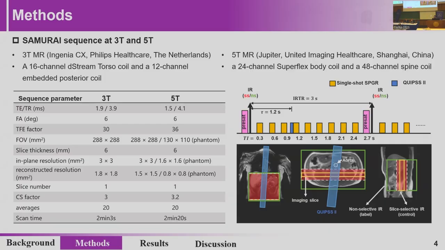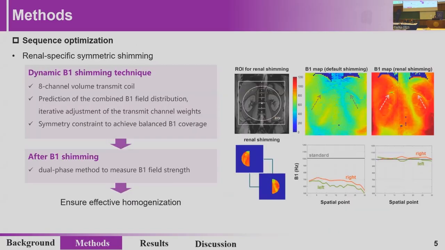The parameters were as follows. To address the issue of B1 inhomogeneity between the left and right kidneys, we used a dynamic B1 shimming technique. The procedure includes a prediction of the combined B1 field distribution and an interactive adjustment of the transmit channel weights.